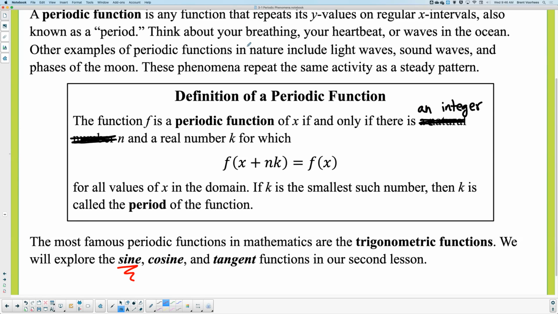Where do we see these in the real world? Oh, all the time. Think about your breathing. When you breathe, you're repeating over and over the same concept. What's not normal is to breathe erratically. We breathe very consistently. It's irregular when you're not breathing like that. Heartbeat's the same way. There is this phrase, irregular heartbeat, and that's pointing to someone being unhealthy if their heart is not in a repeating periodic method.